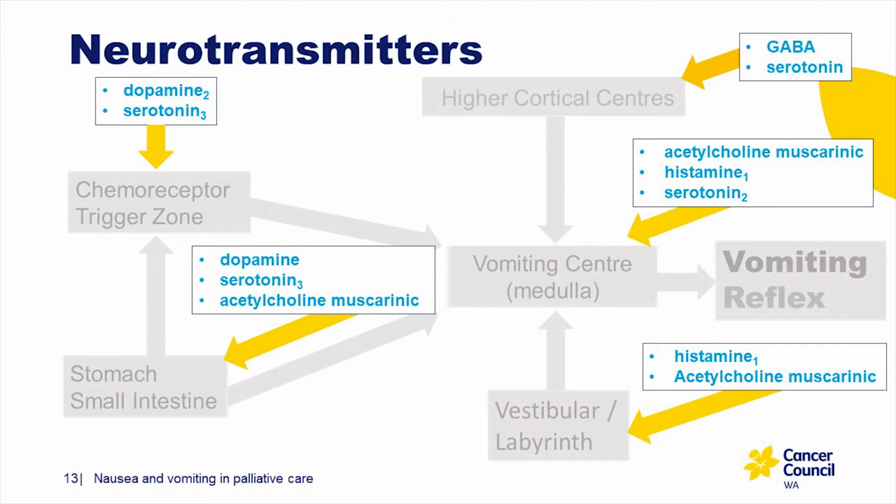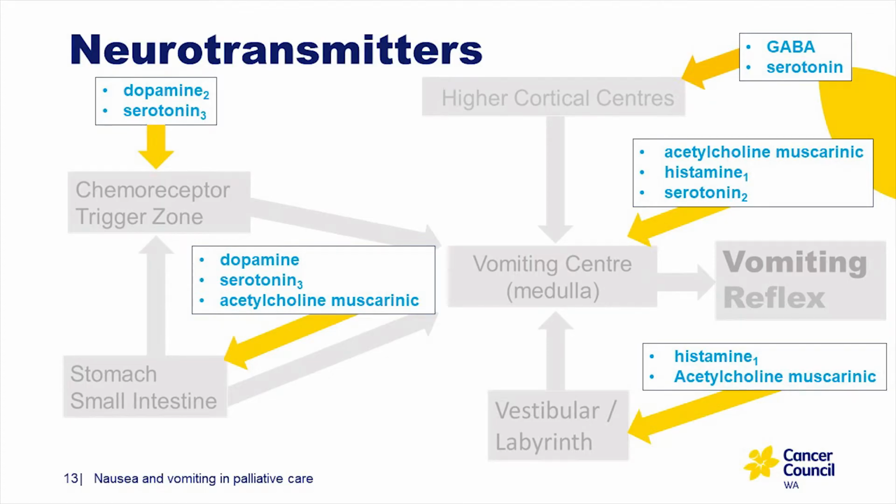Your stomach and small intestine have acetylcholinergic, muscarinic, anticholinergic receptors, serotonin and dopamine receptors, whereas your vestibular centre is mainly moderated by histamine and has some acetylcholinergic input as well. And you can see your vomiting centre also has input. So when we're trying to decide by our assessment which of the centres may be involved, we're really trying to look at what neurotransmitters, as listed here, might be involved in nausea and vomiting, and that's what we might be able to moderate with medication.